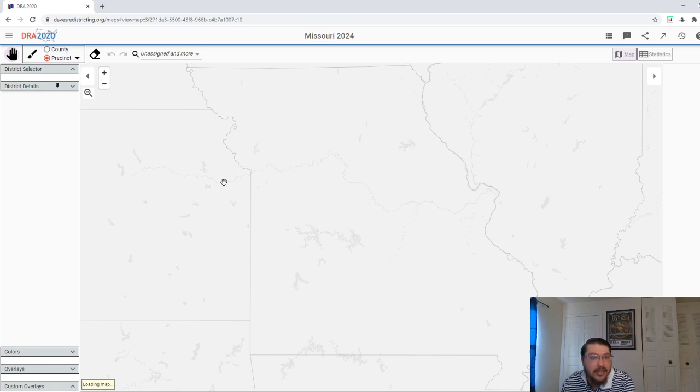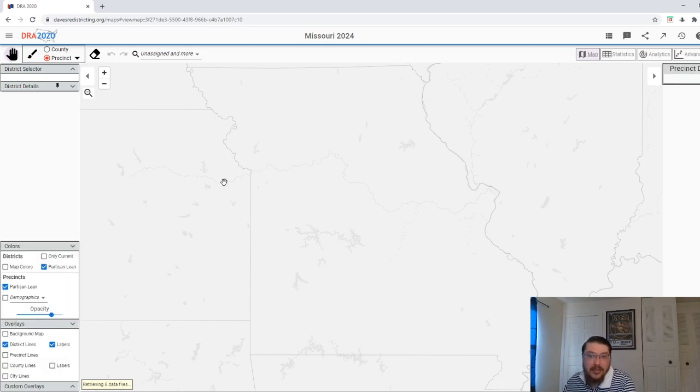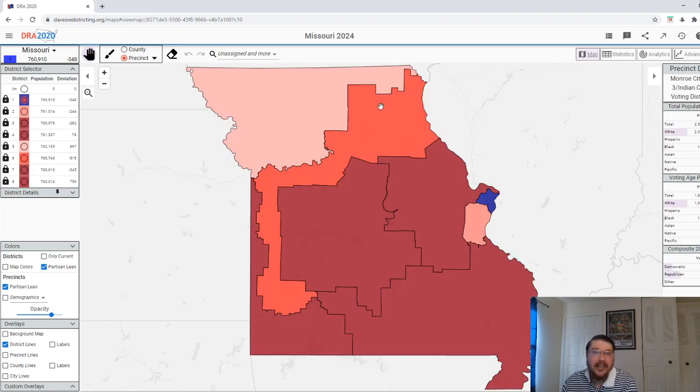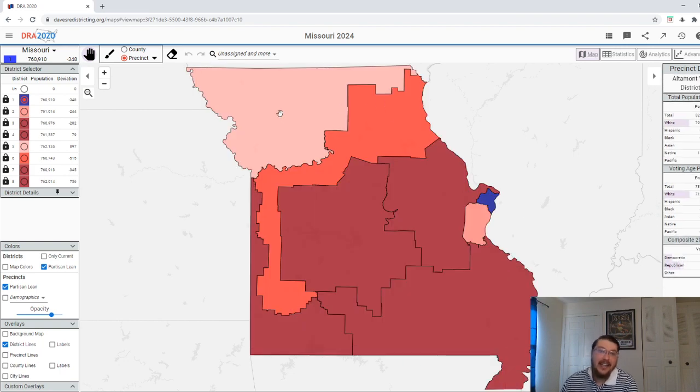Missouri was another difficult map for me to do and secure as many seats as possible because Kansas City wound up looking like a mess because that's what I tried to do. St. Louis wound up being heavily Democratic, and as you can see, yeah, exactly.